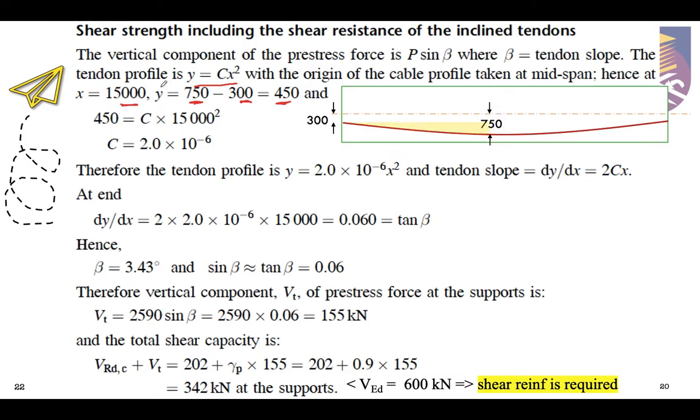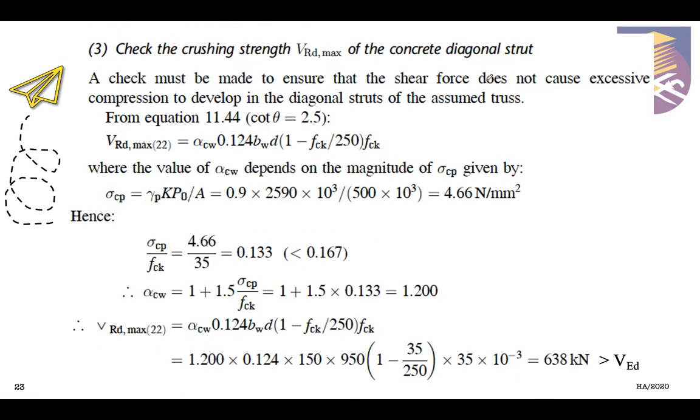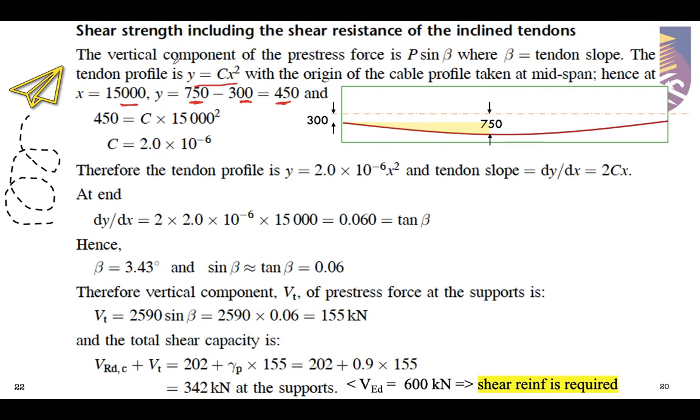That's why we are calculating this y value, whereas we need to know the height of our parabolic curve, so 750 minus 300. Here we are going to calculate this constant. We already know the values of x and also y, so therefore we can determine the constant of 2 times 10 to the power of -6. So the tendon profile is equal to this complete equation together with the constant.